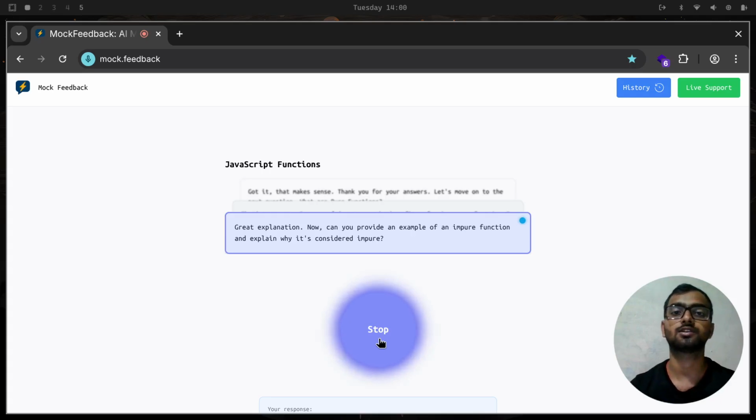But this function could either return something or it could not return. So even if we provided, for example, a button click event, it is not guaranteed that if we click that button, the output would be the same. So this is an example of an impure function.